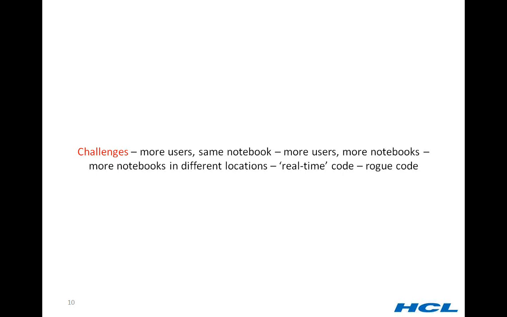Let's say you have a set of notebooks. In computer parlance, you have a set of processors, and there are a lot more users and a lot more programs. How do you share these resources so that you optimize the throughput of the system? And more notebooks in different locations. This is very interesting.